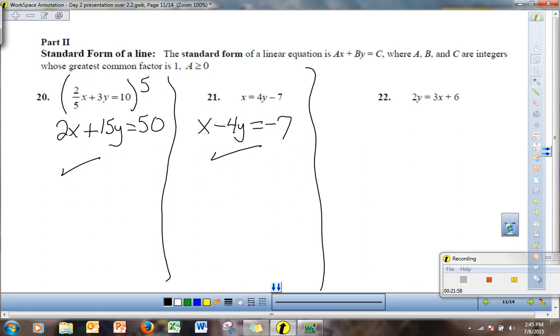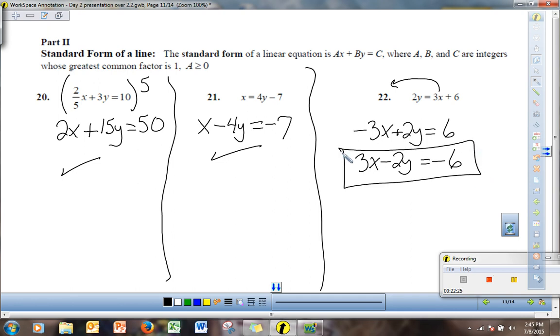And then number 22. Let me move this x over. So I've got negative 3x plus 2y equals 6. The a value in front of the x is negative. Let's make it positive: 3x minus 2y equal negative 6. There it is in standard form.